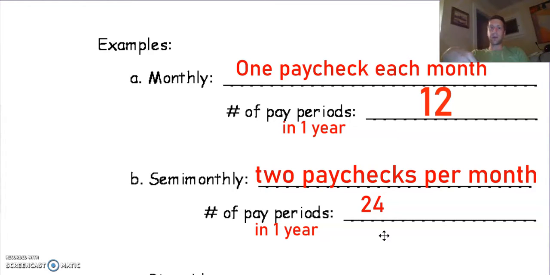One of them could get paid monthly. The other one could be semi-monthly. The semi-monthly employee is going to get twice as many paychecks, but each one is going to be half as much. So just because you get more paychecks doesn't mean you're going to end up getting more money. You're just splitting your salary up in more paychecks, so it's getting spread out more. Each check is going to be less, but at the end of the day, it's going to be the same amount of money.